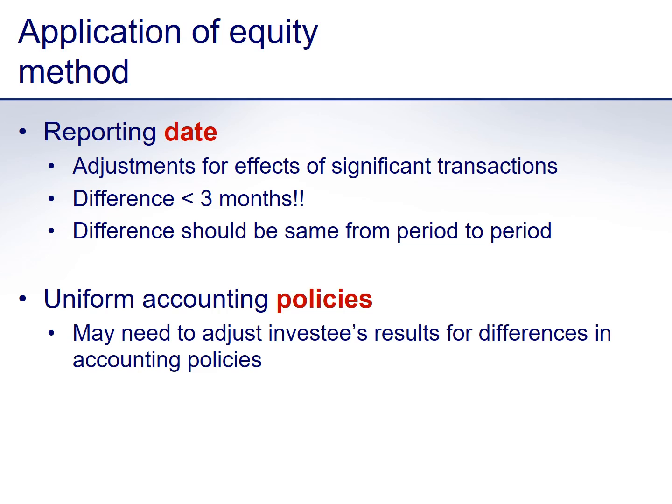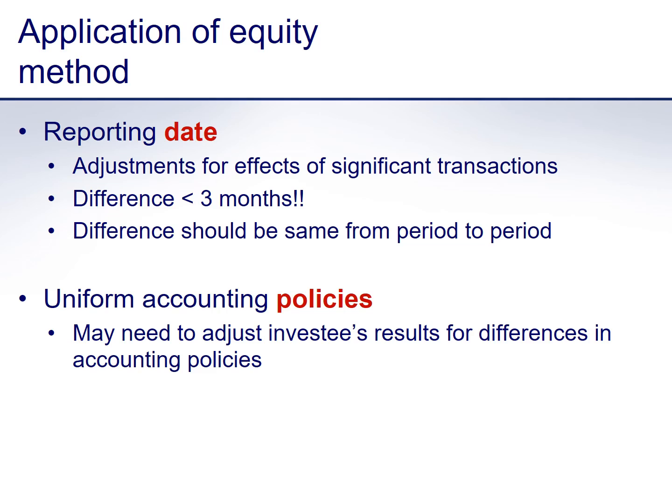For example, if the investee revalues its property, plant, and equipment, but the investor doesn't, the investor cannot take the profit or loss as per the investee's financial statements, because that would be after, for example, the depreciation on the revalued property, plant, and equipment, whereas any depreciation from the investor's perspective should be on the historical cost. So under those circumstances, the investor would have to adjust the profit or loss to remove the effect of any incompatible accounting policies.